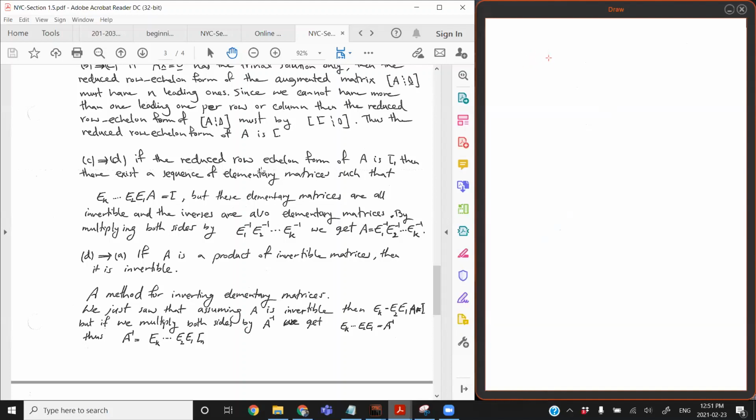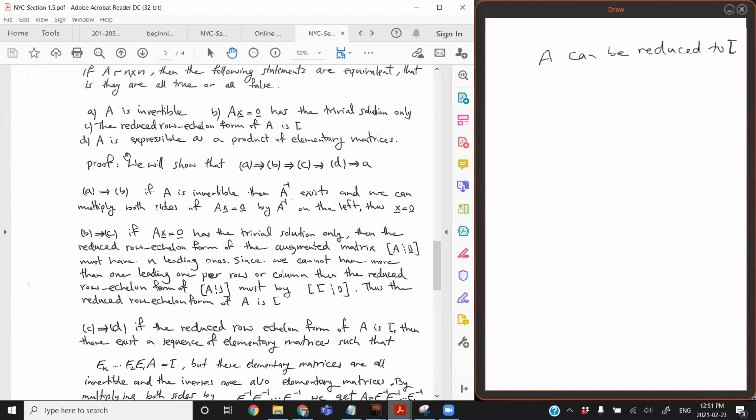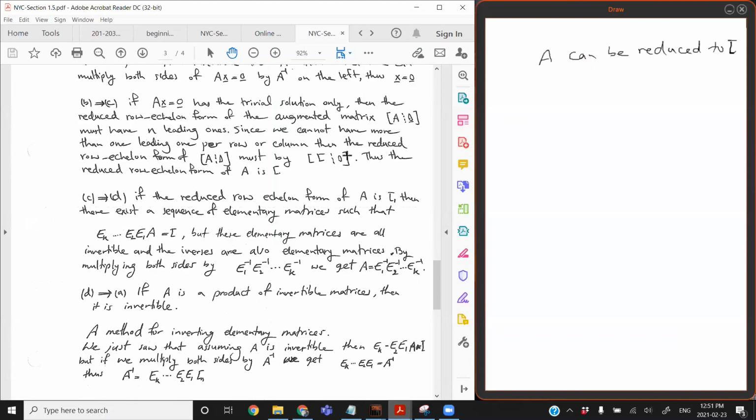We assume that A can be reduced to I. This is the assumption. What are we trying to prove? We are trying to prove part D, which says A is expressible as a product of elementary matrices. Okay?